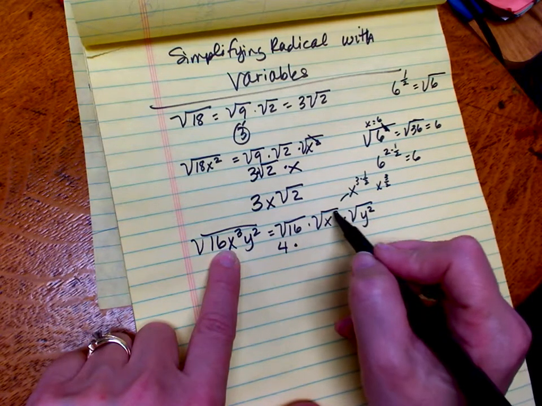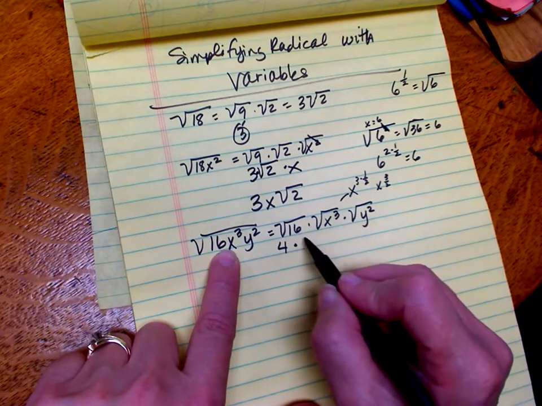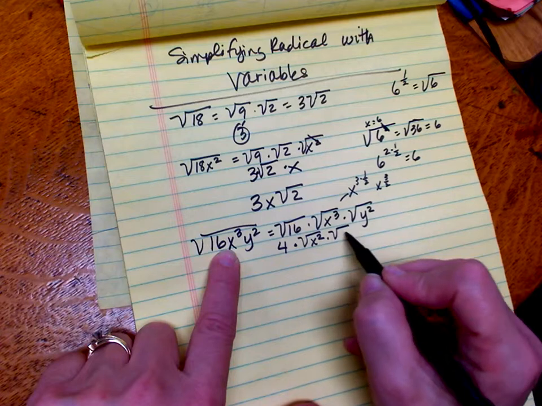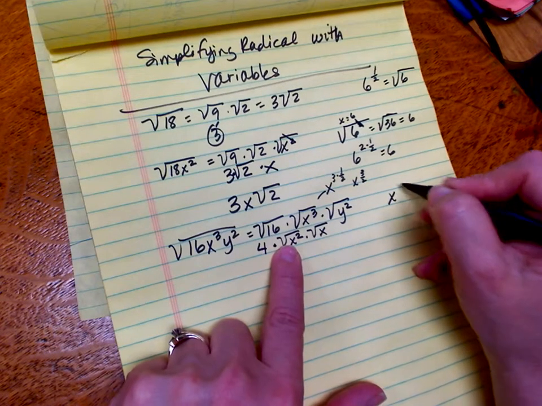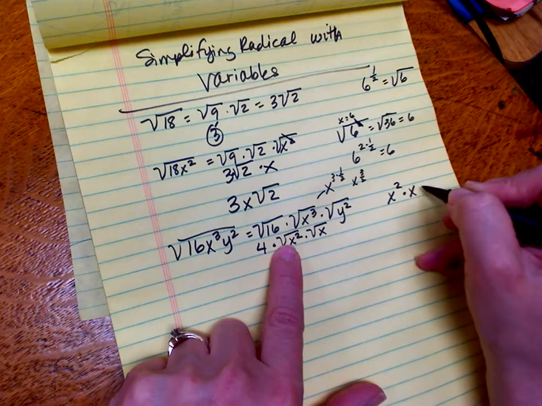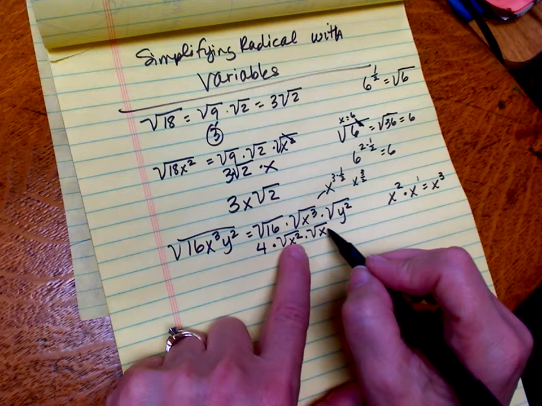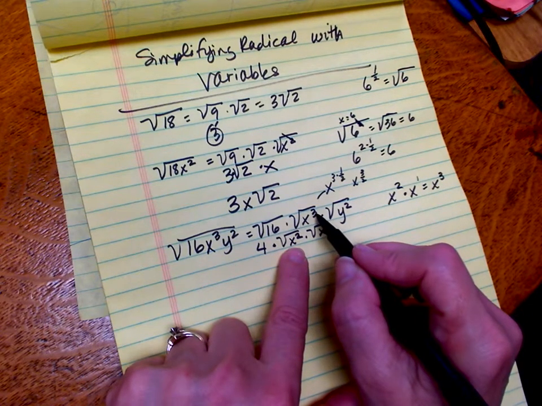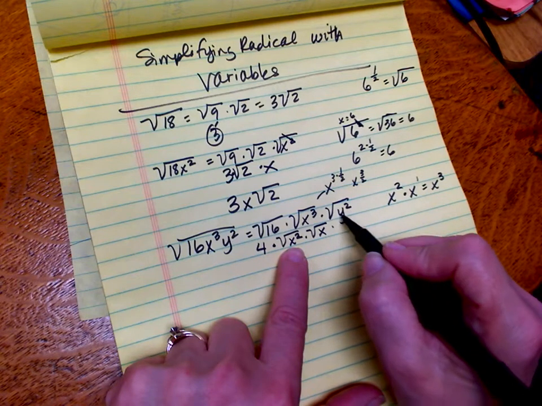So if your exponent is an odd number here with the square root, I want you to split that into x squared times the square root of x. Do you remember when we were doing exponents, when you multiply by the same base, what do you do with the exponent? You add. So when I split those into 2 and 1, those add to 3. Then the square root of y squared is going to be y.